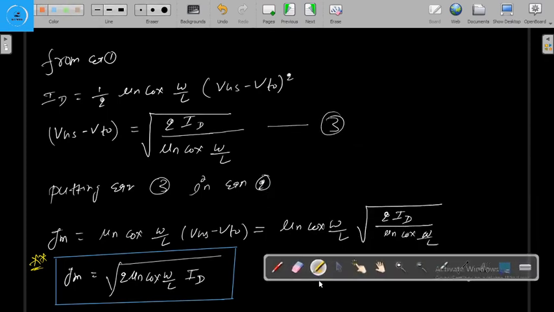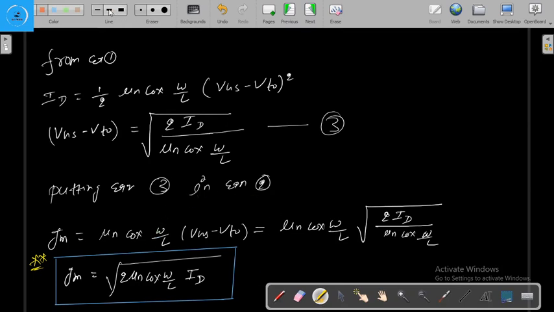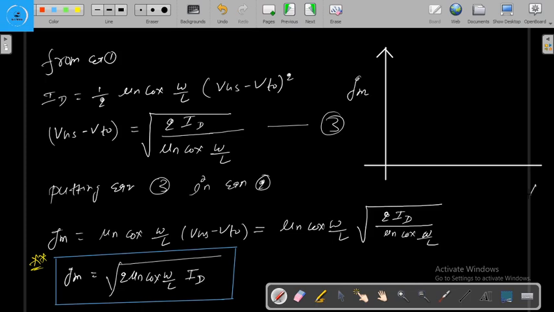Now I am going to draw the curve between gm and ID. This is gm, the transconductance, and this is our drain current.